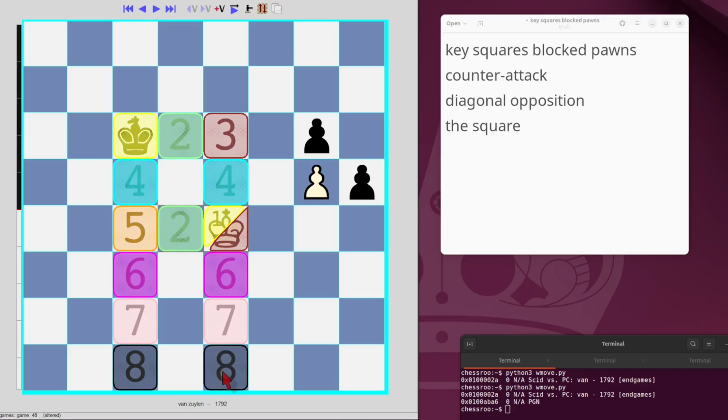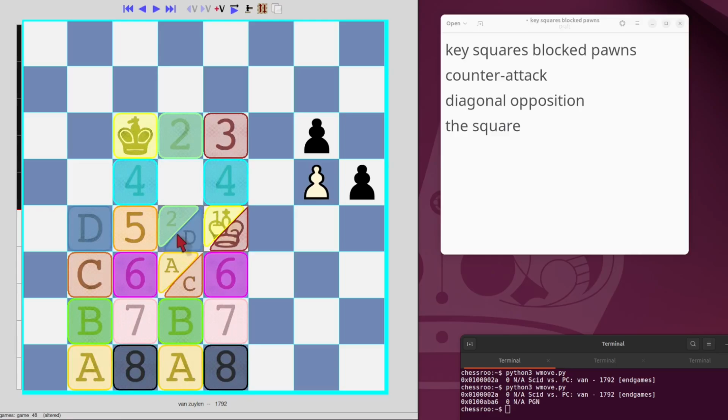Okay. So now we can fill in the extra row. A. You saw this was also A. Yeah. B, B, C, C, D, D, E, E, and this will be F, and this square here is also F.